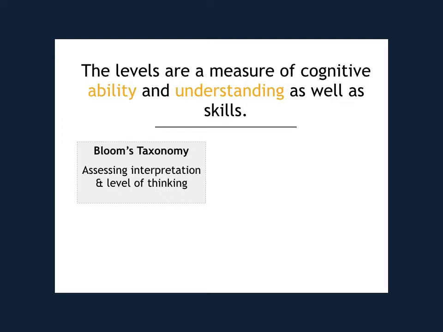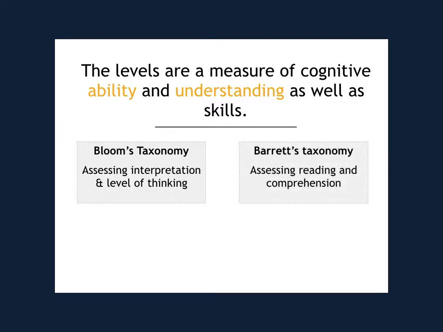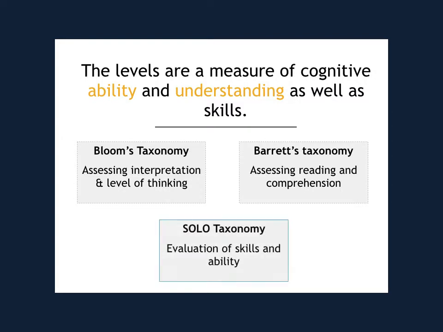So for example, content subjects, data and interpretation, investigation, or essay questions. The next is Barrett's taxonomy, and this is best used for assessing reading and comprehension. So this is more in the languages that you can use. And then of course there's the SOLO taxonomy, which is the evaluation of skills and ability. So this could often be evaluating practical tasks.